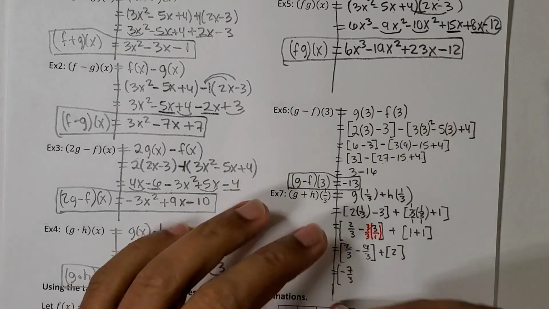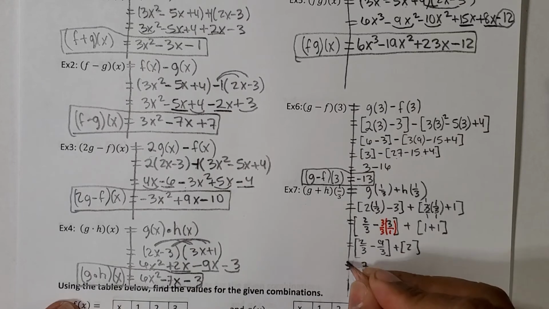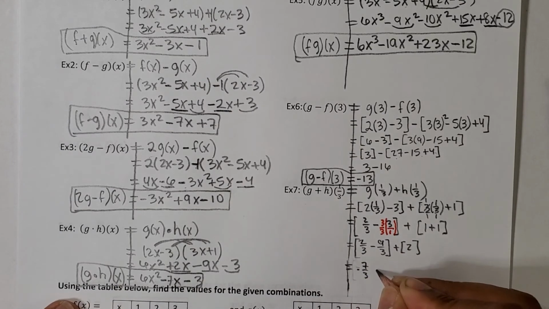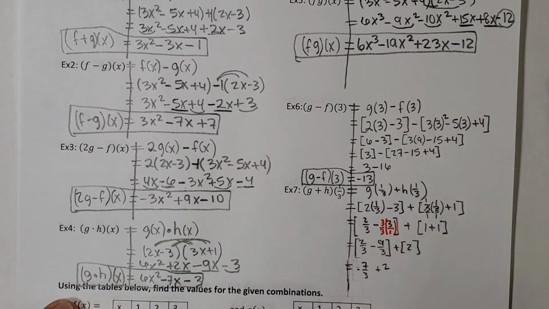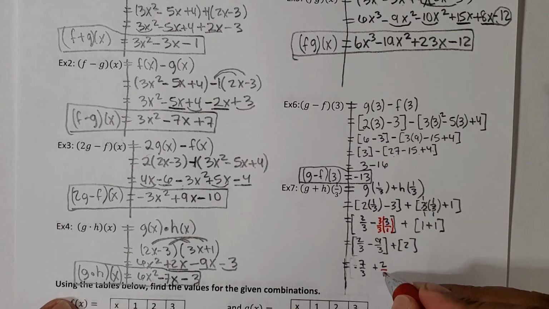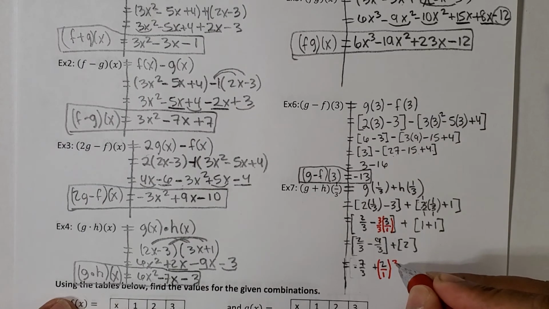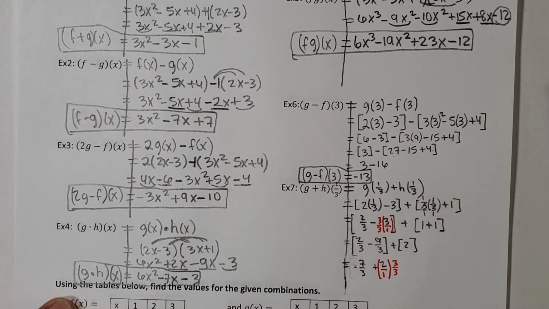And I can just remove the brackets now. Okay, you'll see why in a moment. Okay, so negative 7/3 plus 2. And again, we have a 1 implied under that 2, so we need to get a 3 below this one. So then I'm going to multiply numerator and denominator by 3.